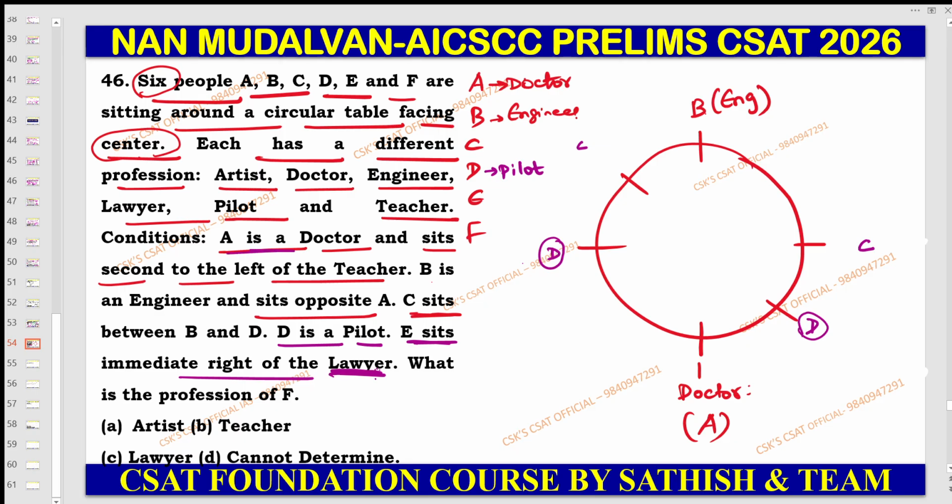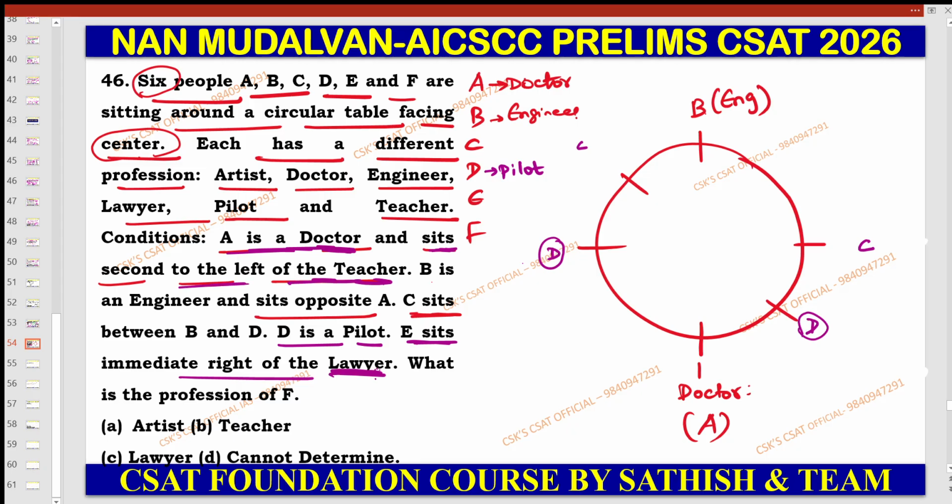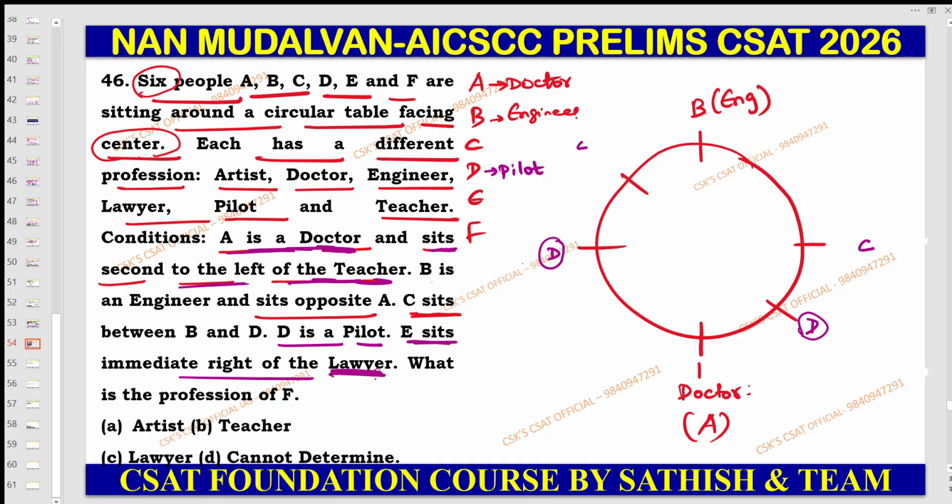Read it here: A is a doctor and sits second left to the teacher. So surely the teacher must be here. Then only A here is second left to the teacher. Getting this logic? Teacher fixed here.